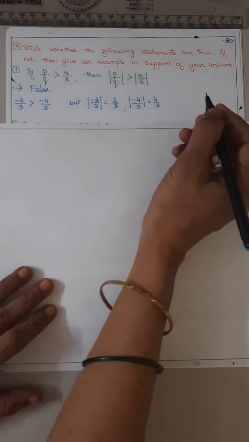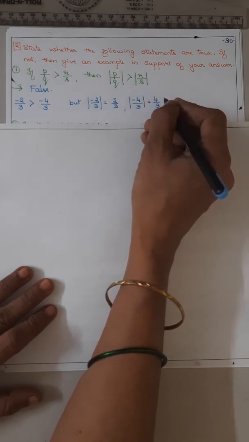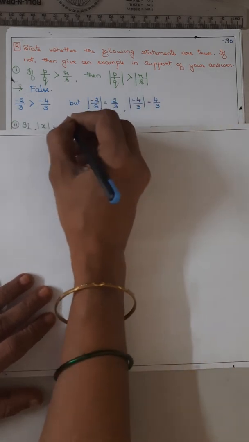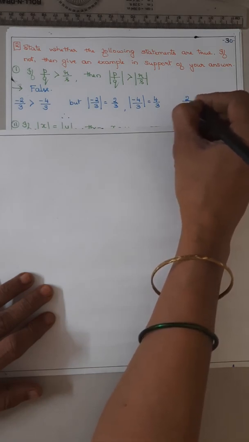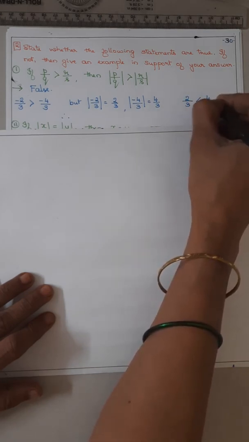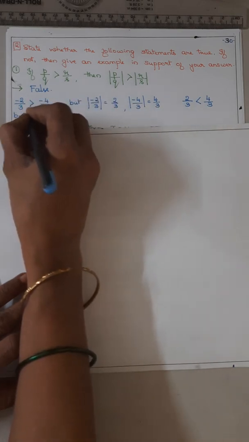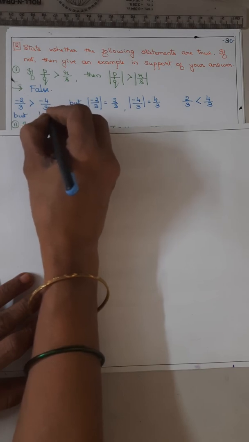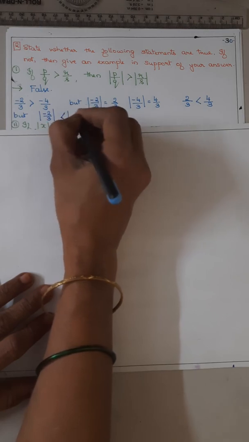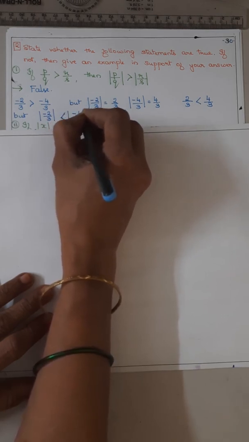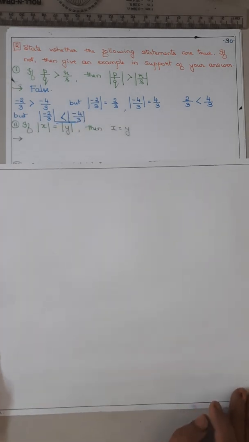So therefore 2 by 3 is lesser than 4 by 3, that is, absolute value of minus 2 by 3 is lesser than absolute value of minus 4 by 3. That is why the statement is false.